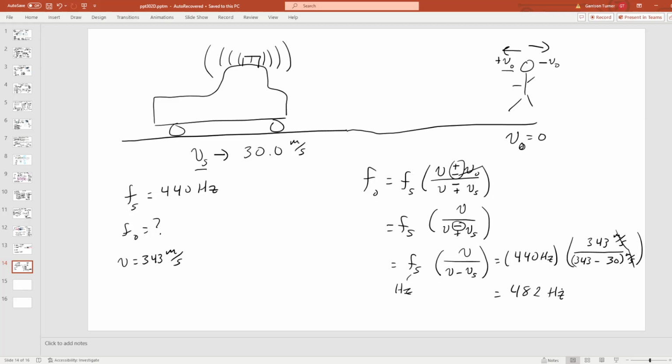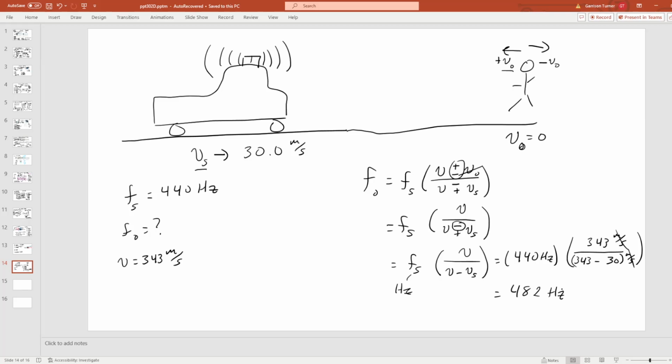Your eardrums are going to have more energy imparted to them from a closer siren than from a distant siren. So you can tell by the intensity that is gaining as the siren is approaching, but you can also hear the pitch of the siren increasing. And then as the truck passes you, or the cop car or whatever it is, you will actually hear the siren decrease in frequency.